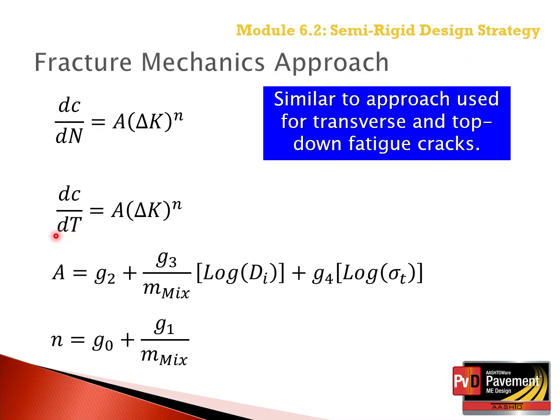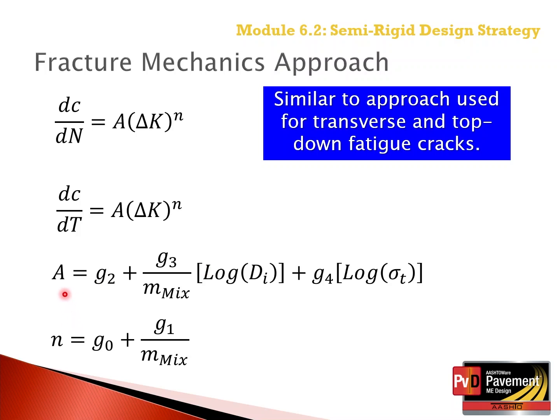That is similar to the transverse cracking of flexible pavement that was also discussed in Module 6.1. So it applies both incremental increases in thermal cycles as well as in wheel loads in predicting the overall growth in the reflection cracks from a fatigue basis as well as from a thermal basis from the chemically stabilized layer.